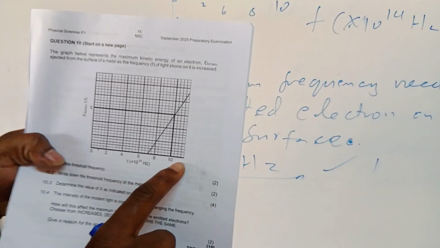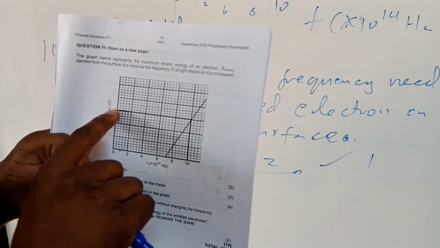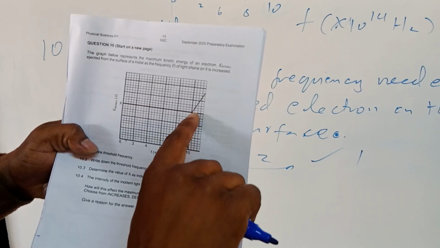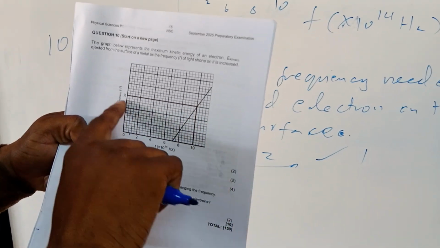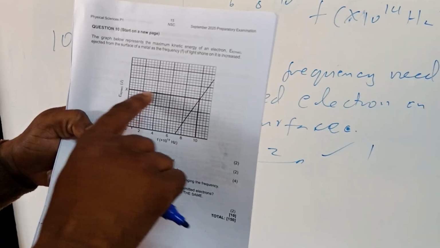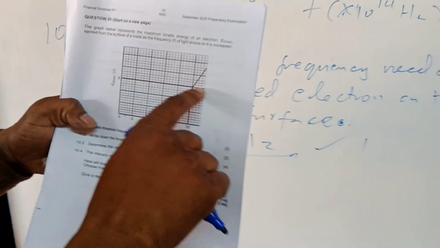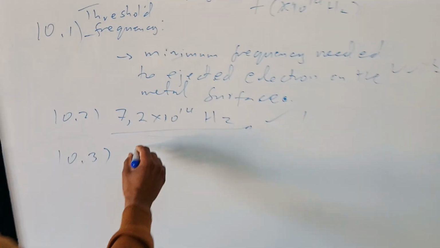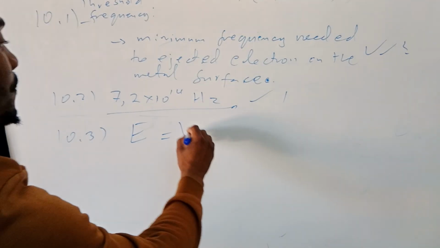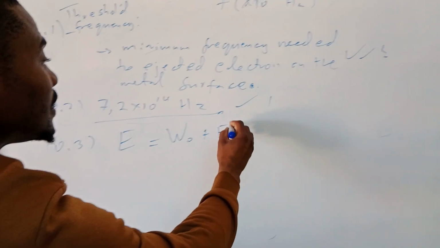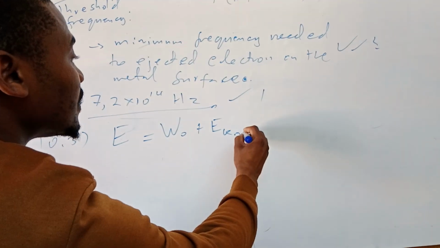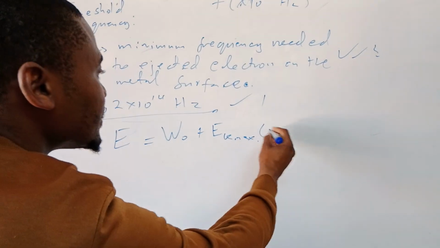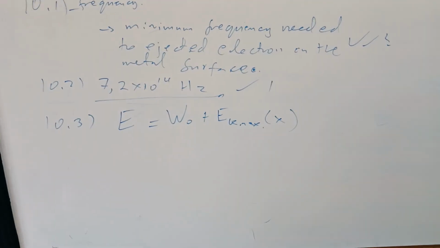So frequency is the independent variable in this case. That means x is the value of the maximum kinetic energy. I think you remember the equation I showed you previously. This is the same as the value of x there. Are you with me, guys?